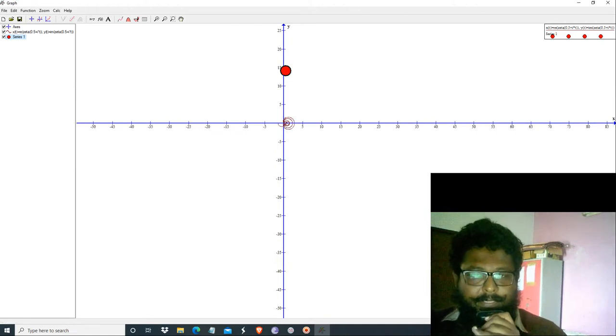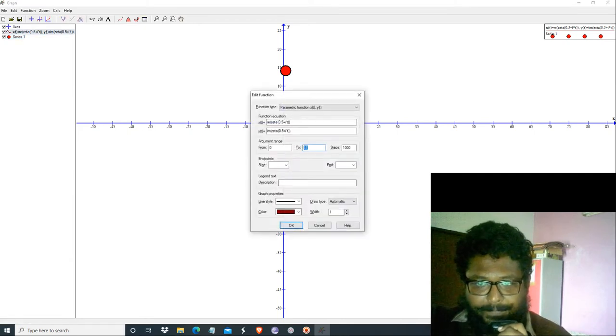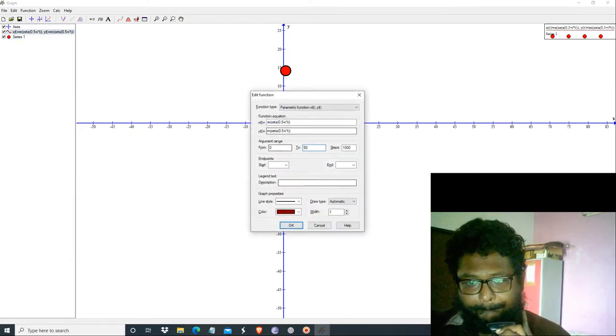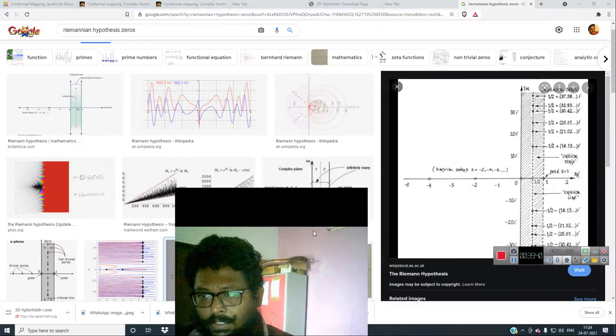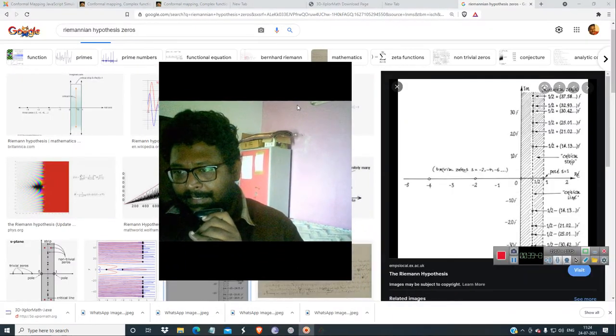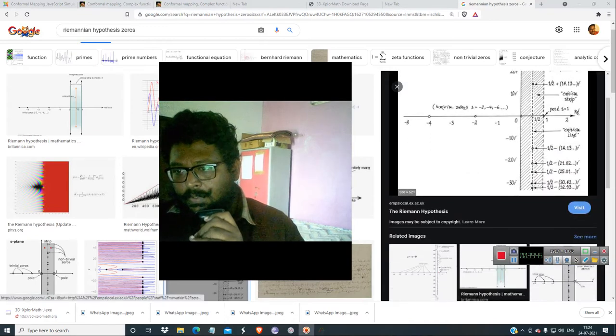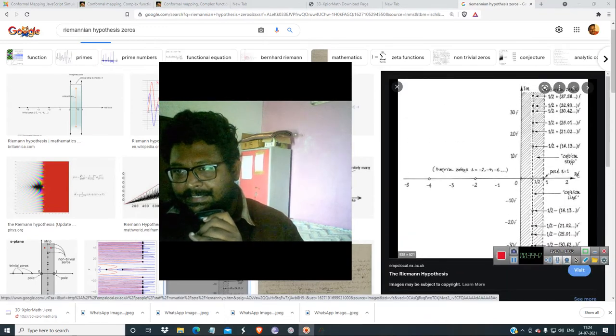Okay, it is over here. I think I have to increase this function to 50. Okay, 50. Because this is imaginary and this is real. So the first thing is not very clear. The zeros are all within the critical strip.